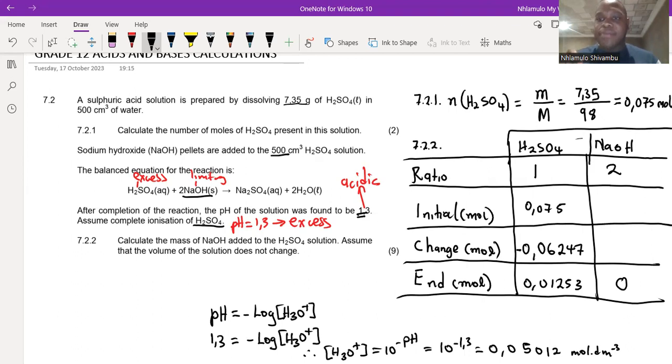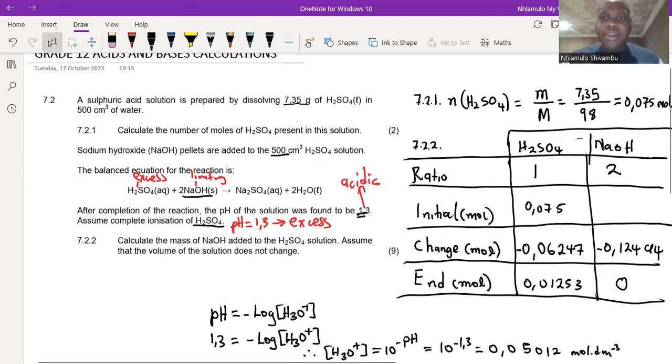And then remember, the change row is the only row where we can use the ratio. So if we can have one box, we can get all the other boxes using ratio. What is the ratio? 1:2. So if this side is 0,06247, the other side, we're going to multiply by 2 because of the ratio. Therefore, we're going to have 0,12494, which is a minus.